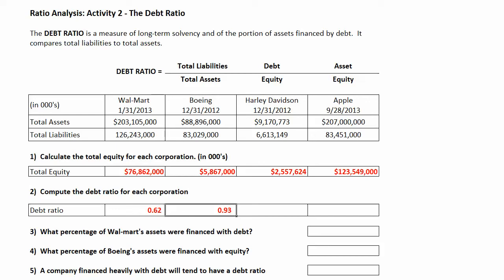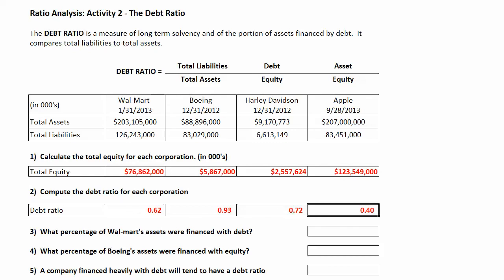Boeing has 93 cents in debt for every dollar in assets, which means it's only using 7 cents in equity. Harley-Davidson's debt ratio is 0.72 dollars in debt for every dollar in assets, and Apple is at 40 cents in debt for every dollar in assets.